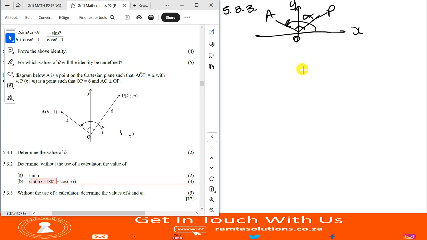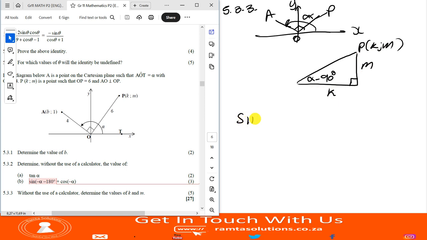So now let's talk. Let's say this is alpha minus 90 degrees. So what is point P? Point P had coordinates K and M, meaning this guy here is M and this guy here is K. Now let's begin with sine.